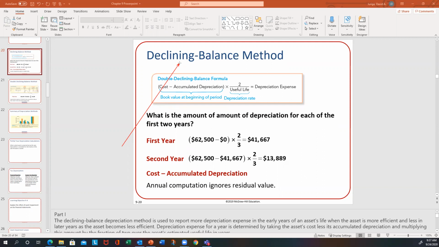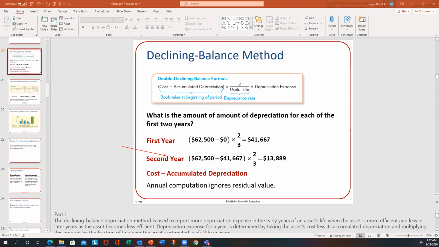So double declining balance is simply 2 in the numerator divided by the estimated life. In this example, the estimated life was 3, so 2 over 3 would be your rate. If they had said the estimated life is 5 years, it'd be 2 over 5 and so forth. So notice you got 62.5 times that 2/3. That would be your depreciation in the first year.